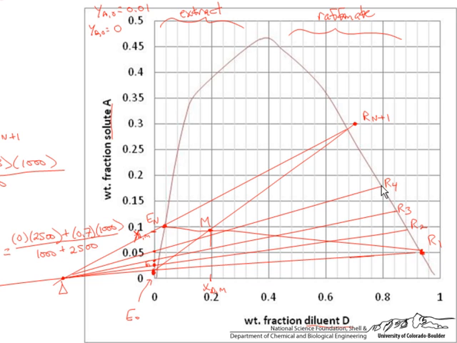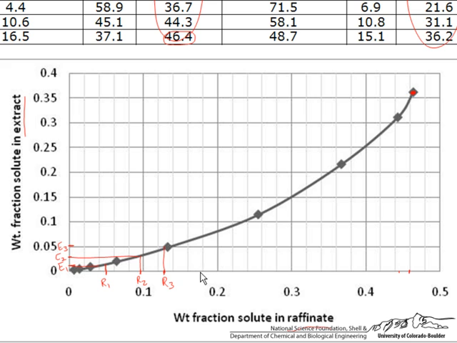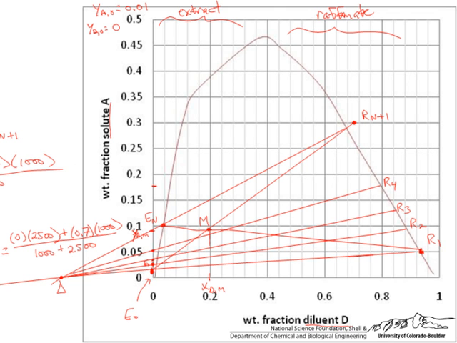And R4 is approximately 0.18-ish. So let's go back here. About 0.18 for R4. We'll go up and across to 0.075 or so for E4. So 0.075 for E4. Now we want to determine what R5 is.